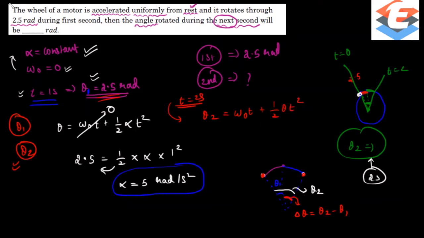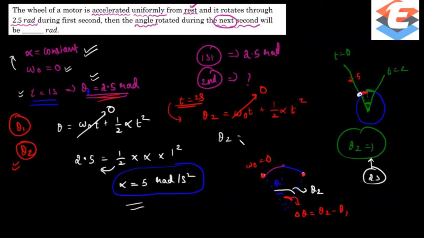I'm very sorry, alpha t square. So 1 by 2 alpha t square. Anyway, the initial velocity omega naught at the beginning was 0, right? So this has become 0. Now we determined alpha from this equation. And what is theta 2?